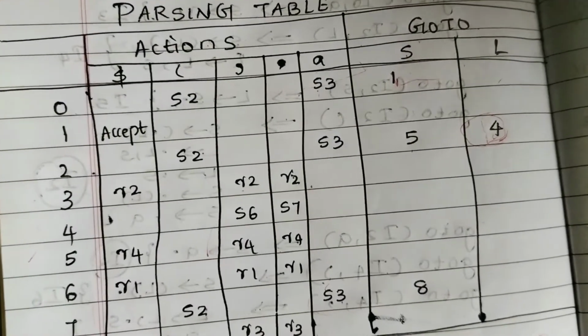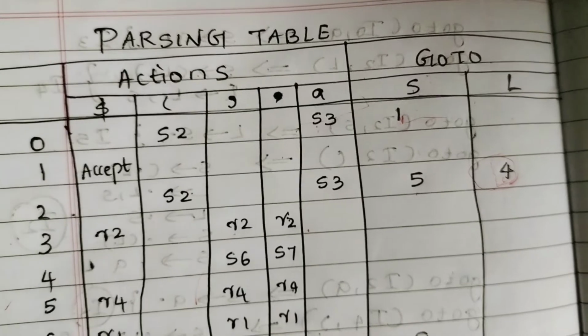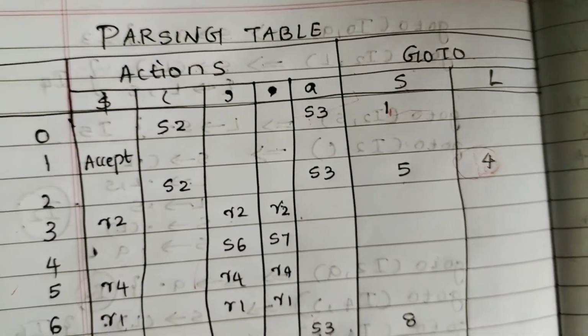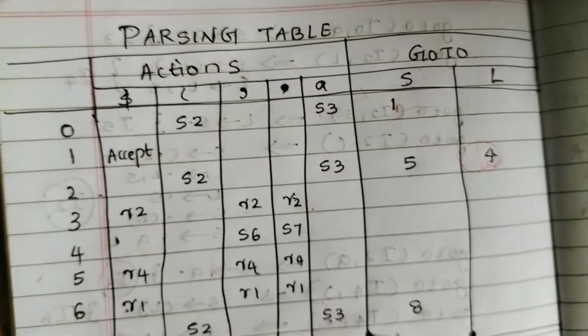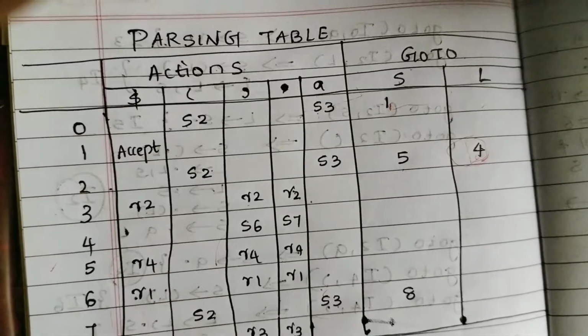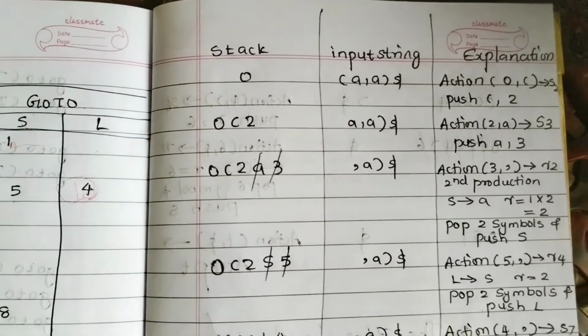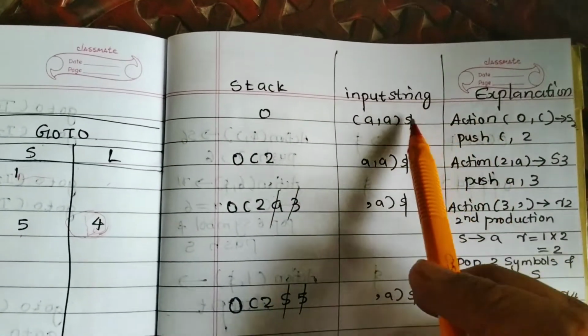Next we want to check whether the given string, open bracket A comma A closing bracket, is accepted by this grammar or not. Seeing this parsing table only, we will find that. So this is the format: stack, input string and explanation.